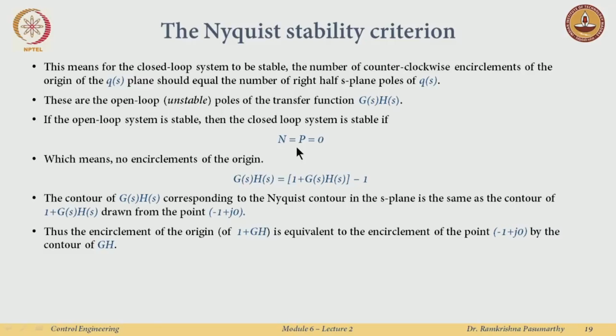So my stability now translates to the number of times I encircle the origin in the counterclockwise direction.